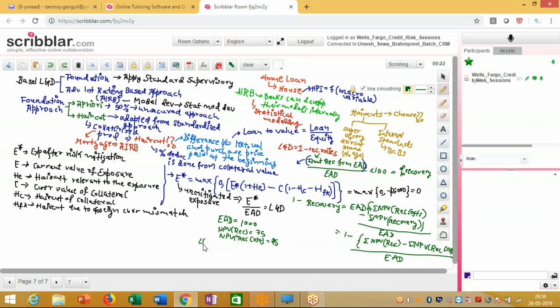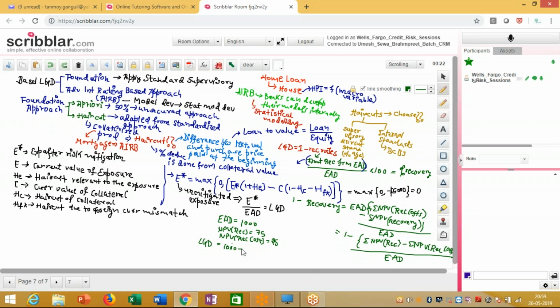So now I'm saying that the loss given default is based on the total exposure that I had, EAD, which is 1000, right?